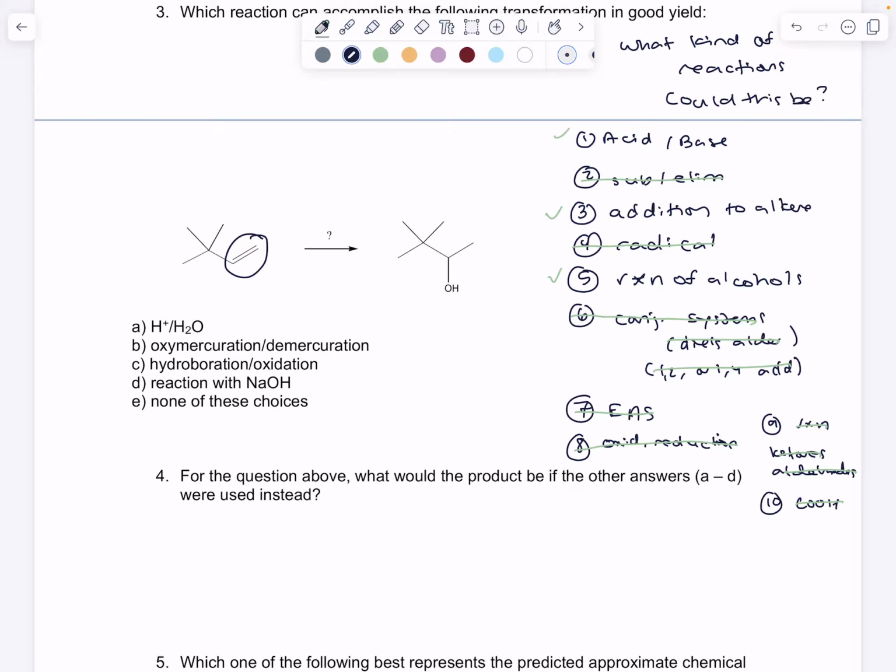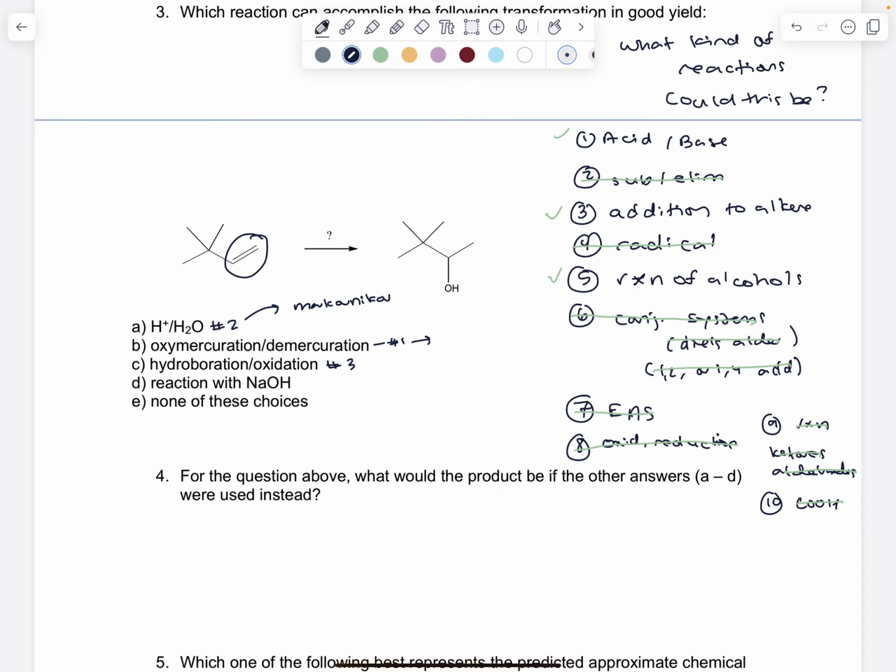Oxymercuration, demercuration. Oh, well, they're listed here for you. Oxymercuration, demercuration is one way. Another way is acid-catalyzed addition of water. And then a third way is hydroboration oxidation. And each one of these has their own special features. This will add Markovnikov. Hopefully you remember what that means. It basically means the carbocation is the most stable.